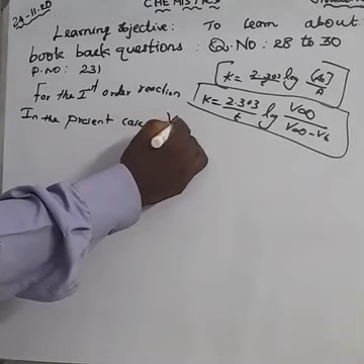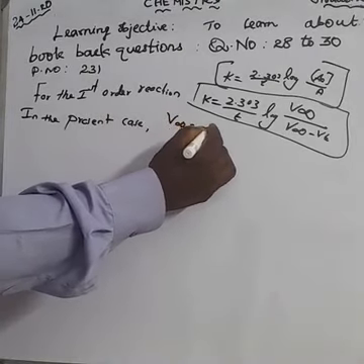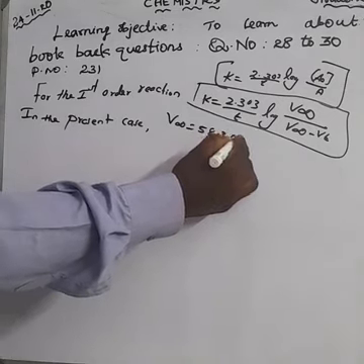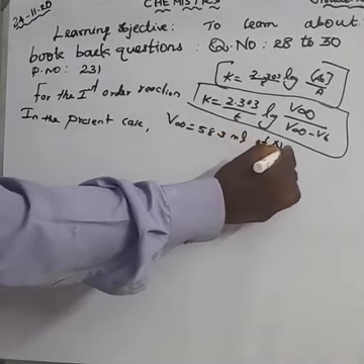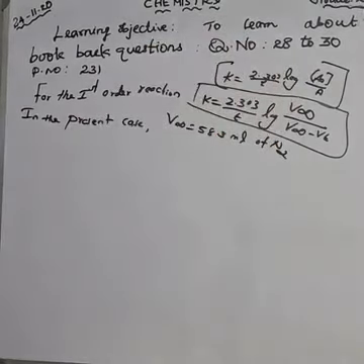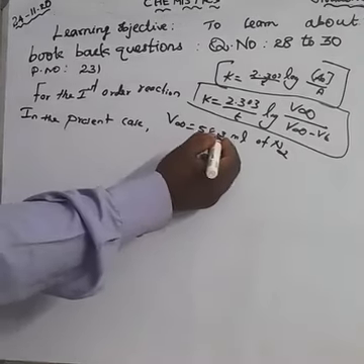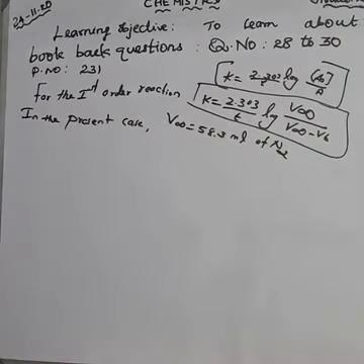V infinity is equal to 58.3 ml of nitrogen. As per the tabular column, all of you check the tabular column. We should calculate the value of K. What is our aim? To calculate the value of K.